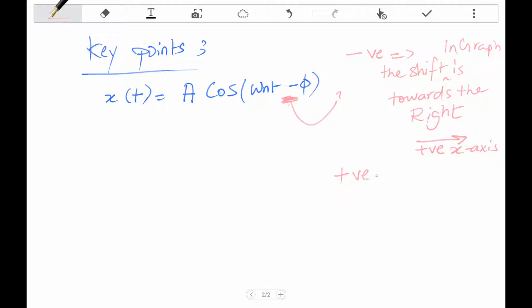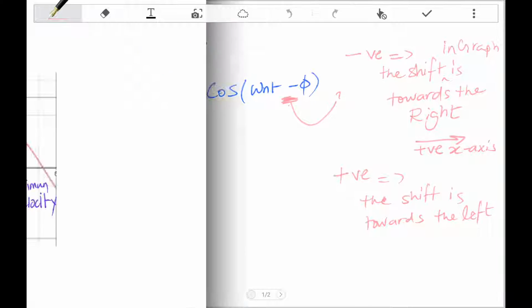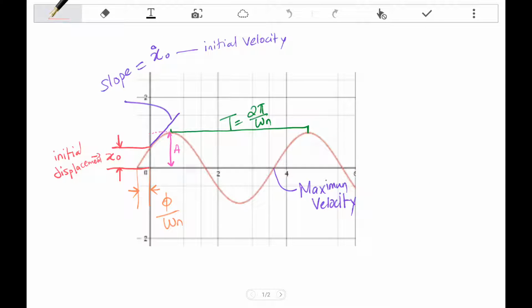And positive means the shift in the graph is towards the left. It's funny, hey? Yeah, that's how it works. So if we go back here, this graph, it's actually a sine graph.